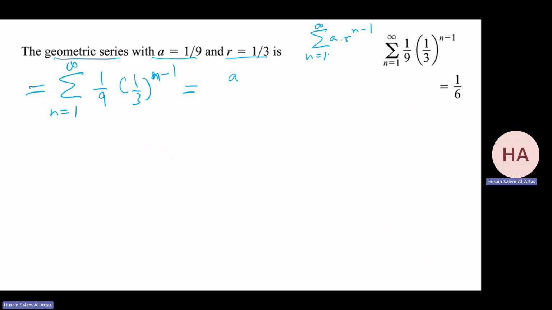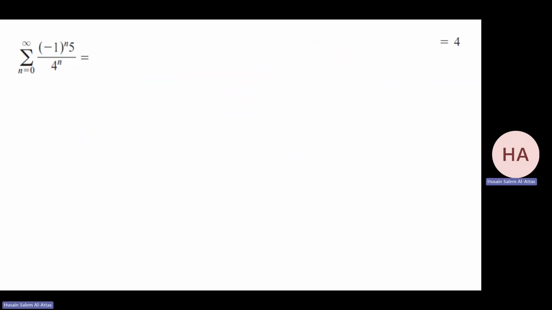It will be A over 1 minus R. That will be 1 over 9 over 1 minus 1 over 3. This is 2 over 3, times 3 over 2. That will be 1 over 6.